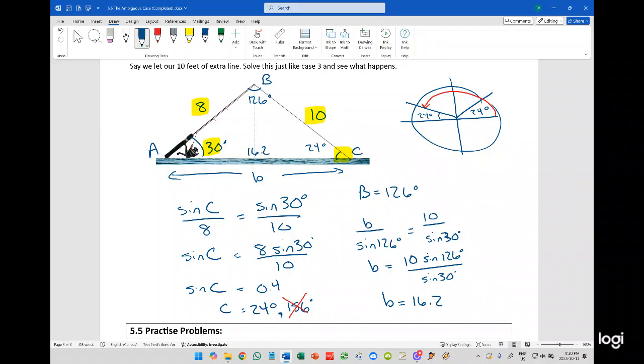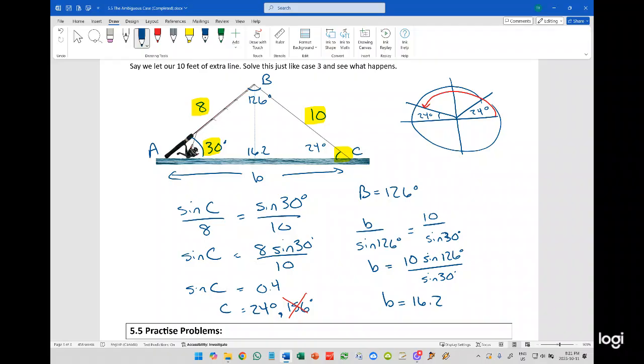And looking at that triangle, I think that makes sense. B is a pretty big angle. The two short sides are 8 and 10, and the third side, the longest side, is 16.2. The third side's never going to be bigger than the other two added together. If there was 180 degrees between them, that would stretch out into a straight line of 8 and 10. So we're nowhere getting something that's longer than 8, longer than 10, but smaller than 10 plus 8.